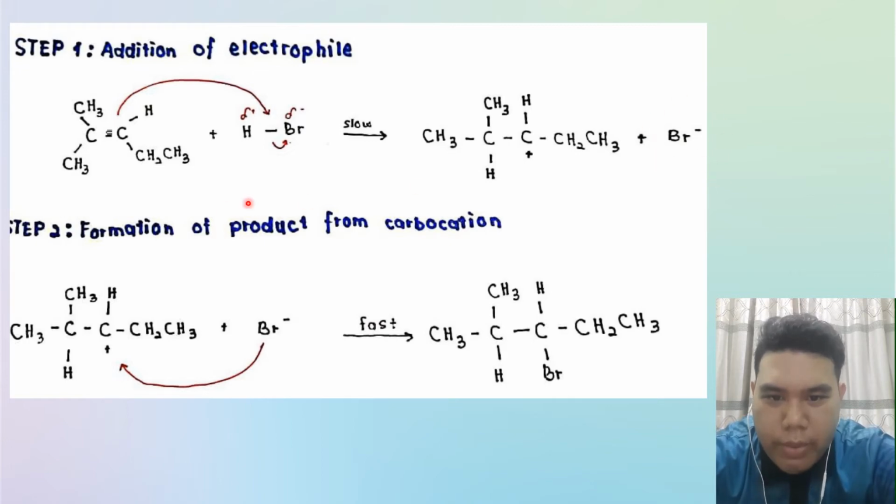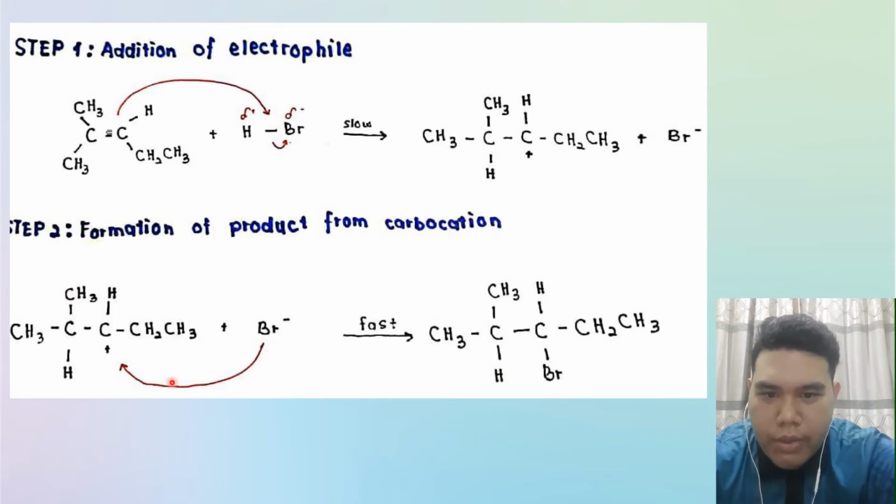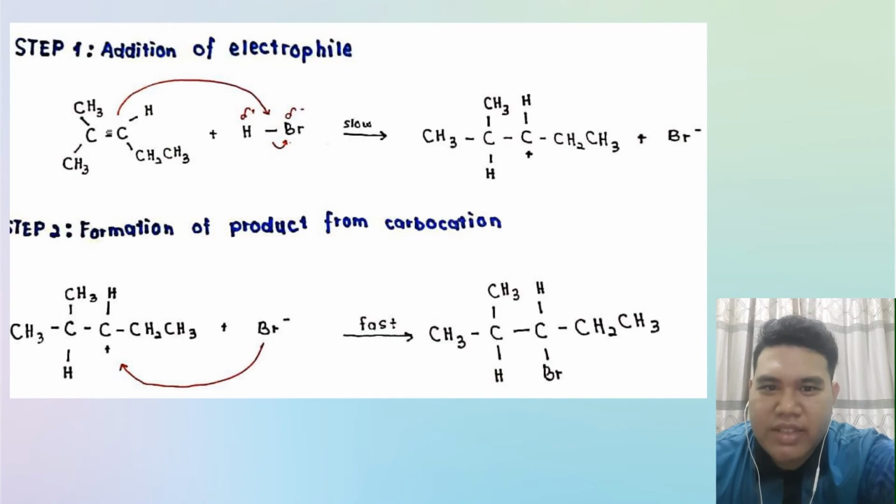In step two, formation of the product: do you see the bromide? It has a negative sign, so it will attach to the carbon with the positive sign. It reacts fast in this reaction, and it can produce 3-bromo-2-methylpentane. Okay, next we can move to the other presenter.